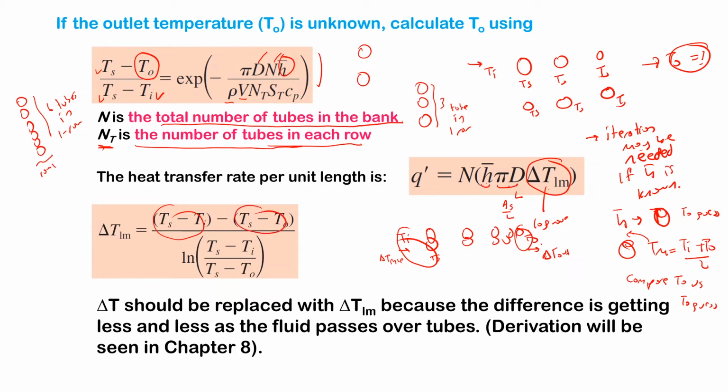This is delta T out. So this is delta T in minus delta T out divided by log of delta T in divided by delta T out. Okay? So we will talk about the derivation later on, but this is how you calculate the total heat transfer rate per unit length for the system of tube banks.